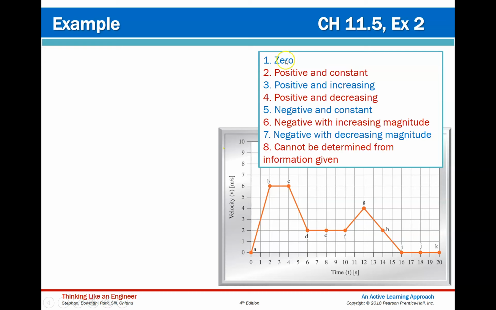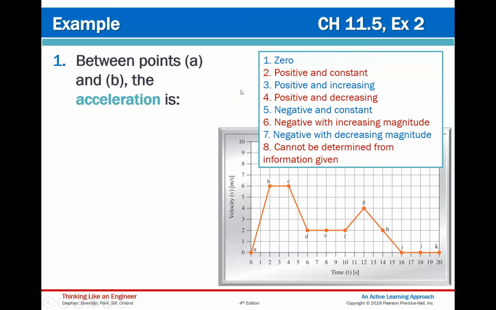if we had to describe various points of the line by either saying they were 0, positive and constant, positive and increasing, positive and decreasing, negative and constant, negative with increasing magnitude, negative with decreasing magnitude, or that it could not be determined from the information given in the graph.